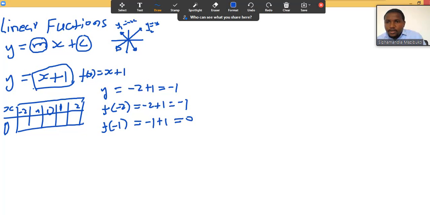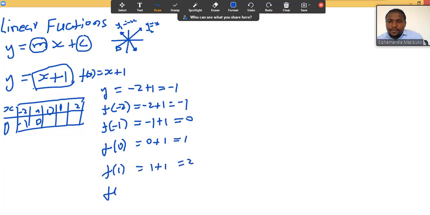So you see, if x is equal to minus 2, we're getting minus 1. If x is equal to minus 1, we're getting 0. At x equal to 0, we're getting 0 plus 1, which is 1. When x is equal to 1, we're getting 1 plus 1, which is 2.